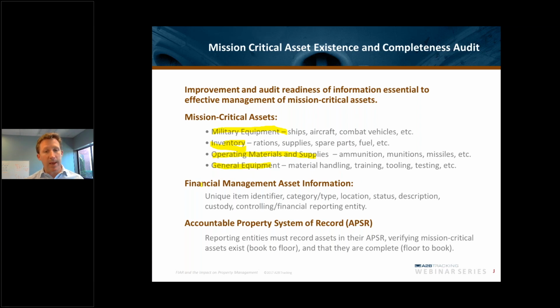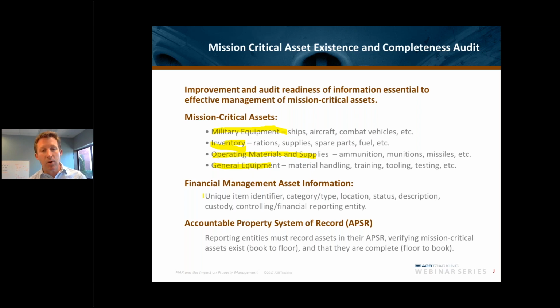From a financial management information gathering perspective, as part of this reporting obligation, they've identified that the unique item identifier, that global unique asset identifier that represents that asset as one of a kind in the world, is a really key part of this asset pedigree that needs to be required here.